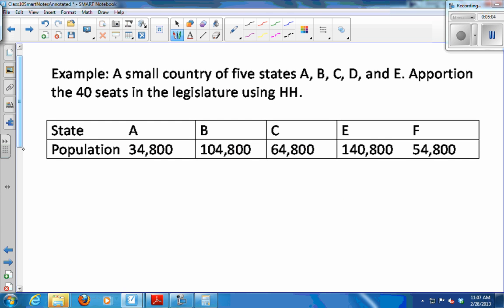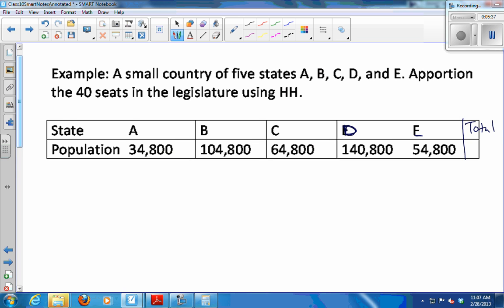Here's an example. We have a small country of 5 states, A, B, C, D, and E. We're going to apportion 40 seats in this legislature using Huntington Hill. It's often helpful to have a total column, so I'm going to add one in there.